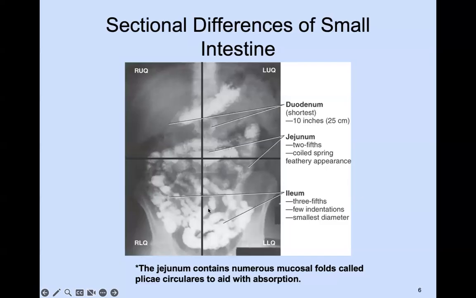So the ileum is 3/5 of the small intestine. The jejunum is 2/5 of the small intestine. And so what causes this feathery appearance are what are called the plicae circulares. So they're mucosal folds inside of the jejunum, which are going to help with absorption. So that's what's giving this feathery appearance.